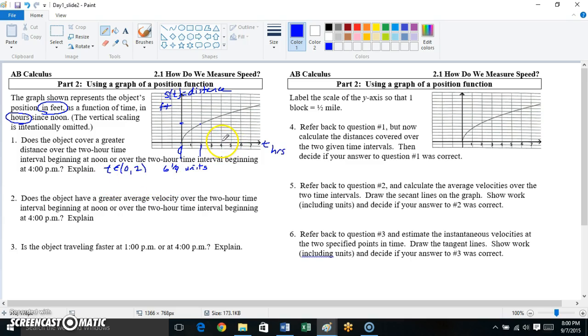If I look between 4 and 6, maybe it looks like we only have 2 units on the grid. All right, so for t between 4 and 6, we have 2 units on the grid. So the greater distance is going to be over this interval.